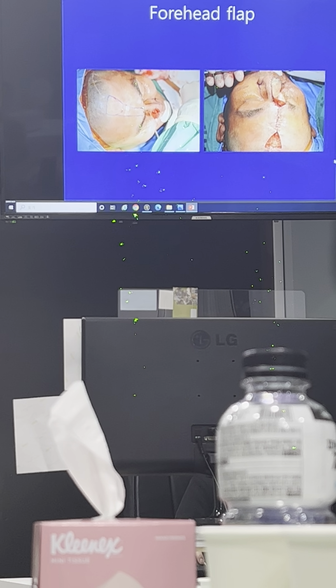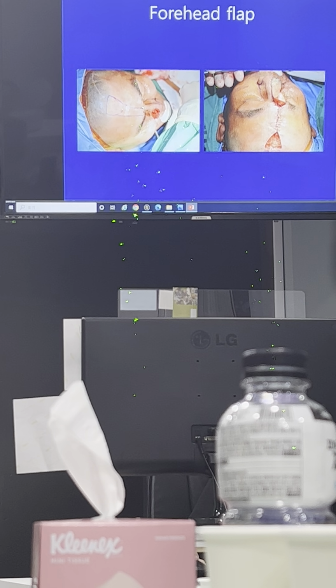You go deep to the bone, full thickness. But when you design the forehead flap, the area near the dorsum should be very thin because the dorsum skin is very thin. This area we dissect very thin. From here to here, a little bit thicker, just above the galea, above the galeal plane.